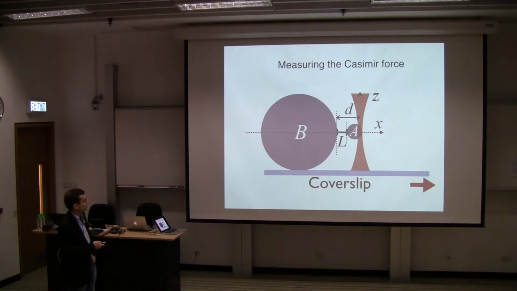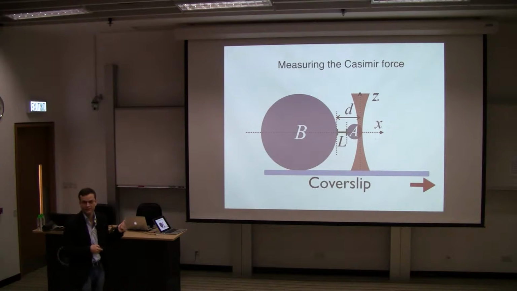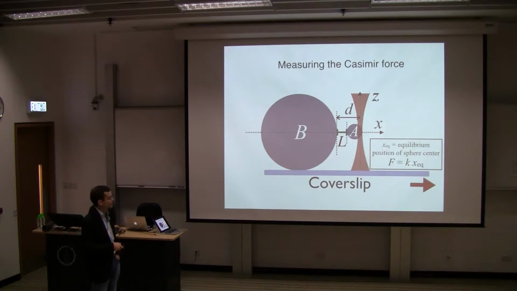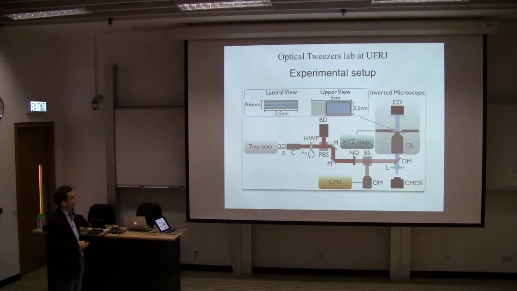And if there is an attractive force, for instance, then this trapped sphere is going to be displaced laterally, right? So my interaction force is going to be equal to the optical force. And the optical force is K, the optical stiffness, times this displacement that I'm not showing here. So if I know K, I can know the force, provided that I measure this displacement. Okay, so this is the setup.